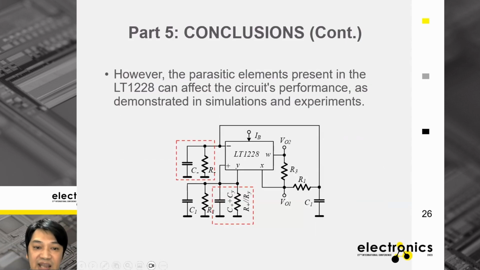And the last one, however, the parasitic elements present in the LT1228 can affect the circuit performance, as demonstrated in the simulation and experiment. I have already discussed the conclusion at the end of my presentation. Thank you very much.